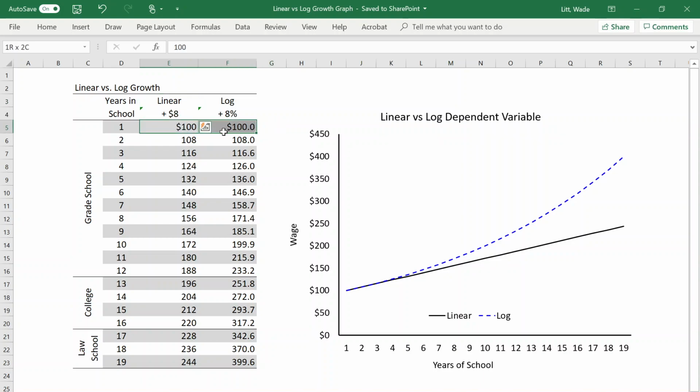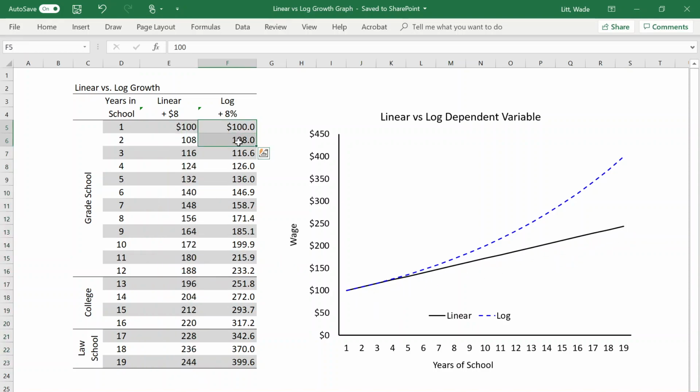We're starting at $100 in both. If you add $8, you go from 100 to 108. You add 8%, you go from 100 to 108. But with the linear model, you're just adding 8 every single time. You've got that linear relationship there.